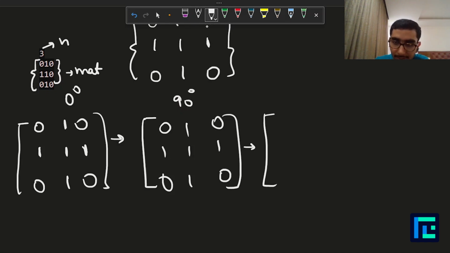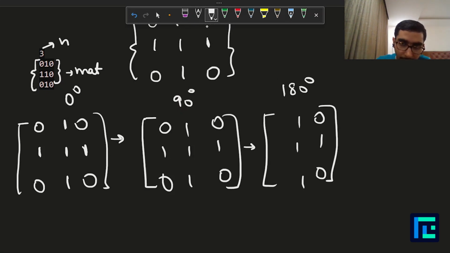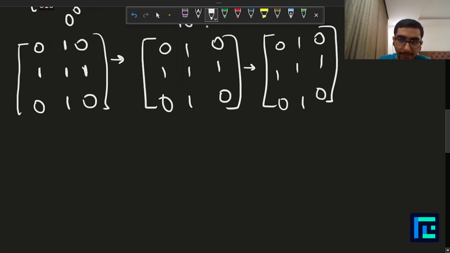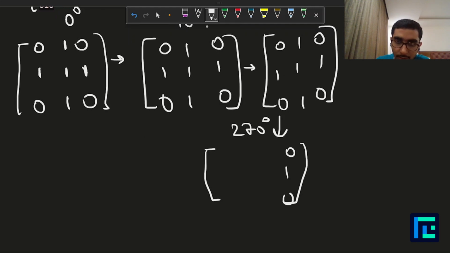So let's rotate it once again, and for 180 degrees, this would be 0 1 0, 1 1 1 and 0 1 0. So again for the 180 degrees rotation, it remained the same. And finally for the 270 degrees rotation, let's do it again. This is 0 1 0 and this is 1 1 1 and this is 0 1 0. So we saw that for the 270 degrees rotation as well, it remained the same.